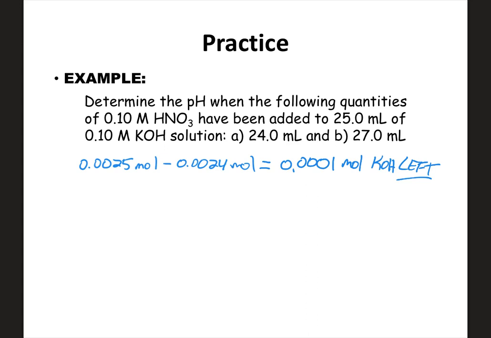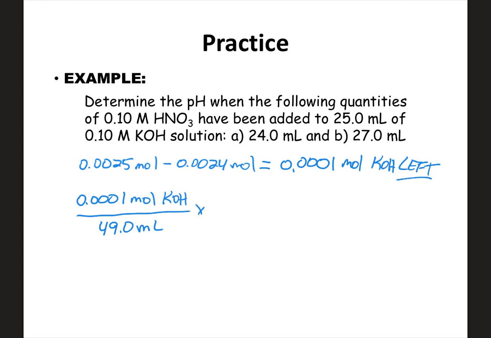So I still have 0.0001 moles of the base left, and it's now floating in a total of 49.0 milliliters of solution. Remember, I started with 25 milliliters initially, and I added 24 milliliters of the acid. So my new volume at this point is 49 milliliters.